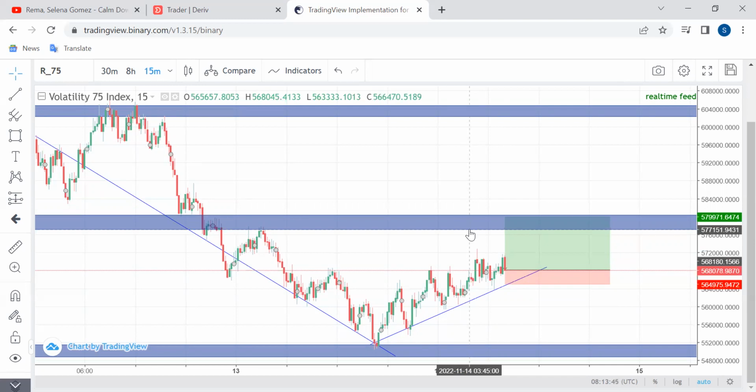So this is how I analyze. This is how I make my analysis. It's quite simple. There's really nothing complex about it. But then again, you all remember that this is the synthetic indices market. It doesn't have any strict rules that it follows, unlike the currency markets.